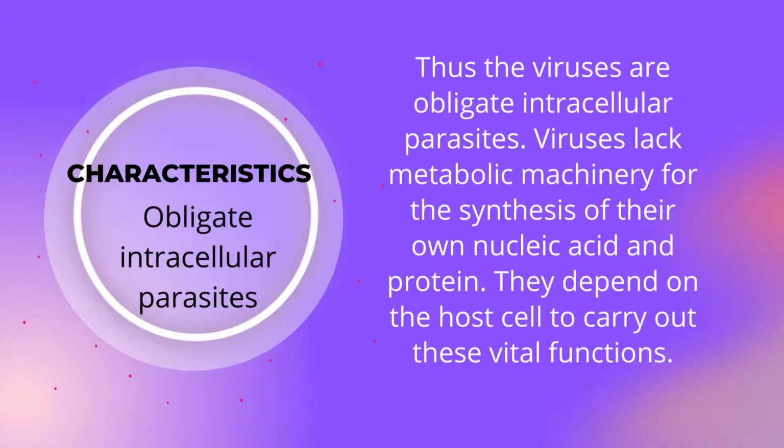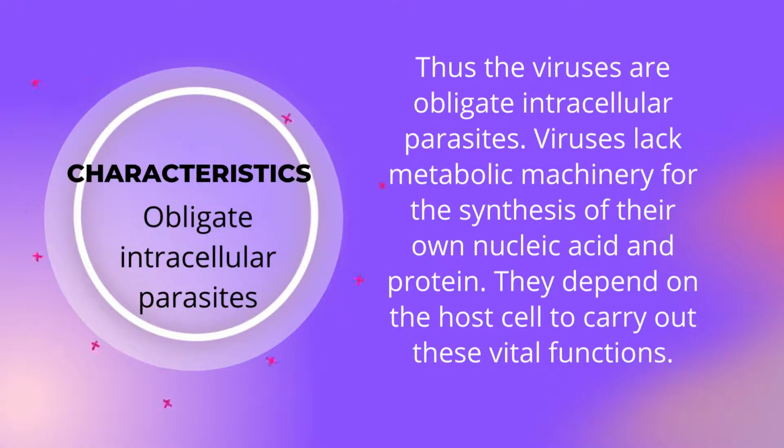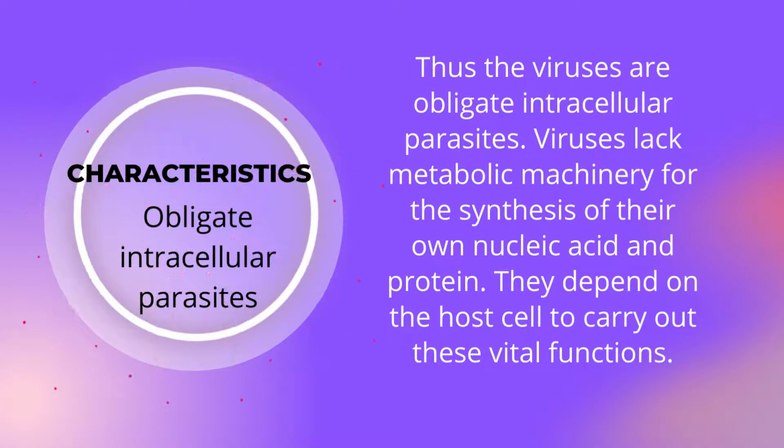Viruses lack the metabolic machinery for the synthesis of their own nucleic acid and protein. They can't reproduce their own copies because they don't have any machinery for it. They depend on the host cell to carry out these vital functions. That's why they are called obligate, and they perform all their reproduction inside the cell, which is called intracellular.